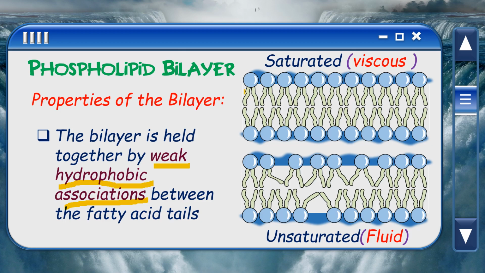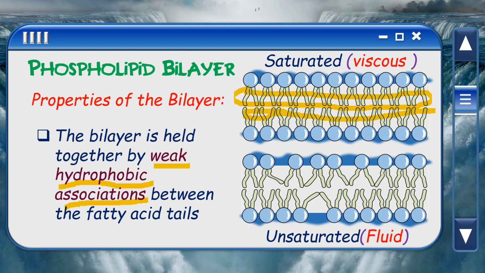If you look at these tails, they are close to each other, and between them there is a weak association. That weak hydrophobic association holds the bilayer together.